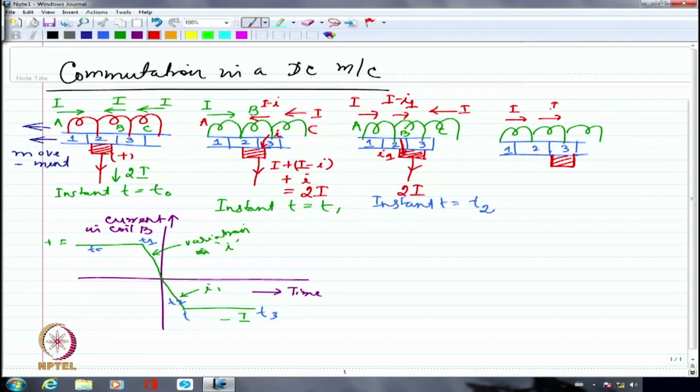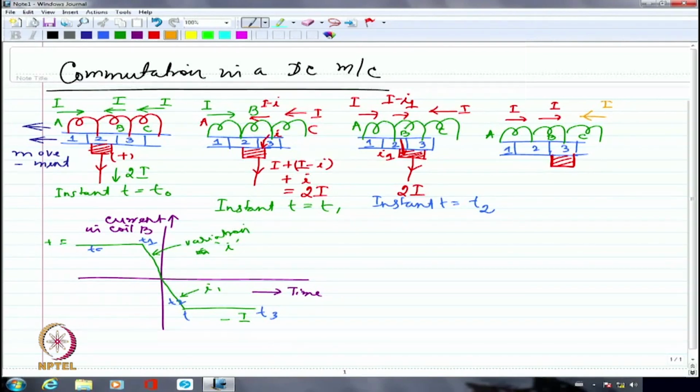So this is again A, B and C. Now I should also expect that this current will be I. But what happens is, I normally anticipate that coil B is in the interpolar region, or in the border between north and south and north or whatever.